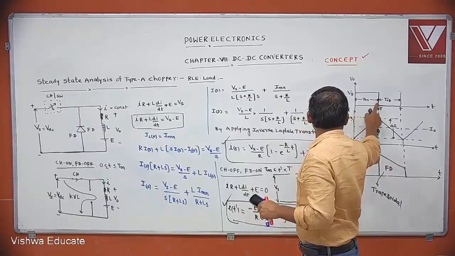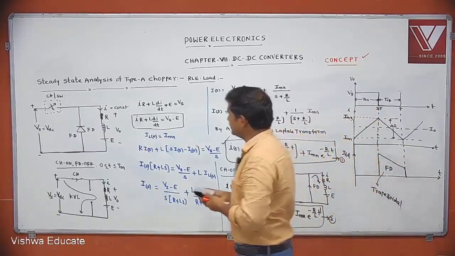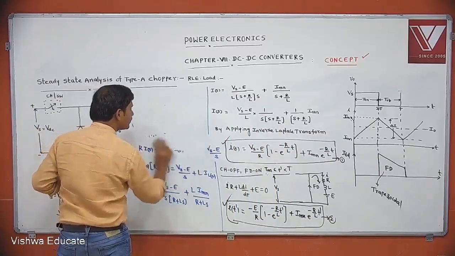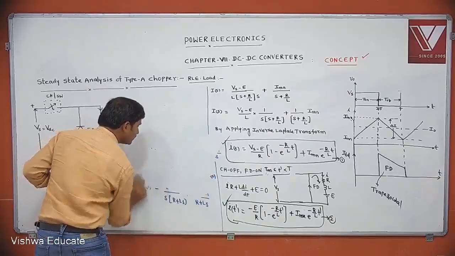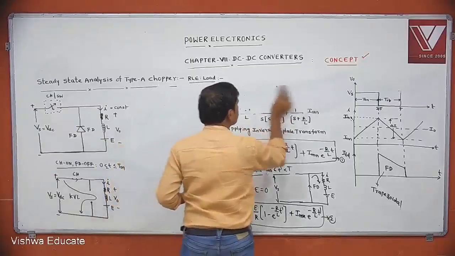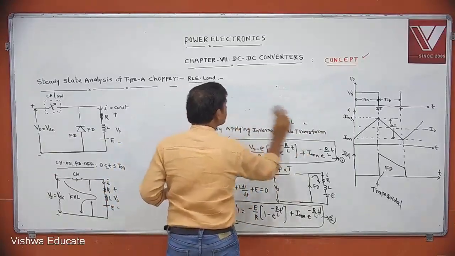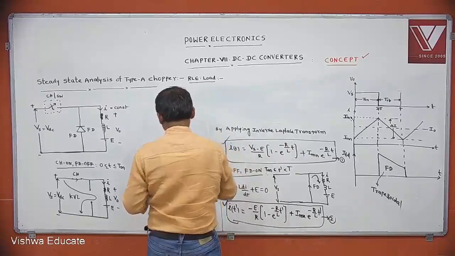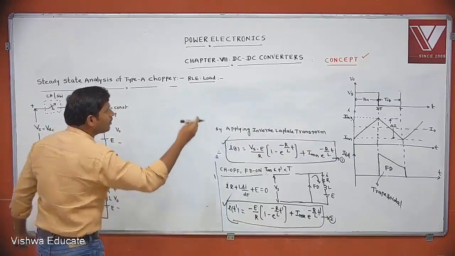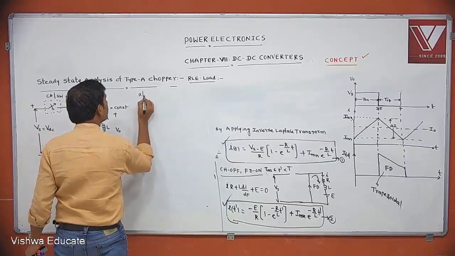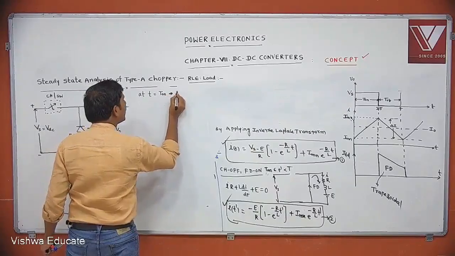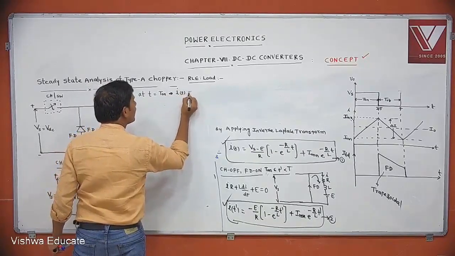At t equal to t on, i(t) equal to I max.